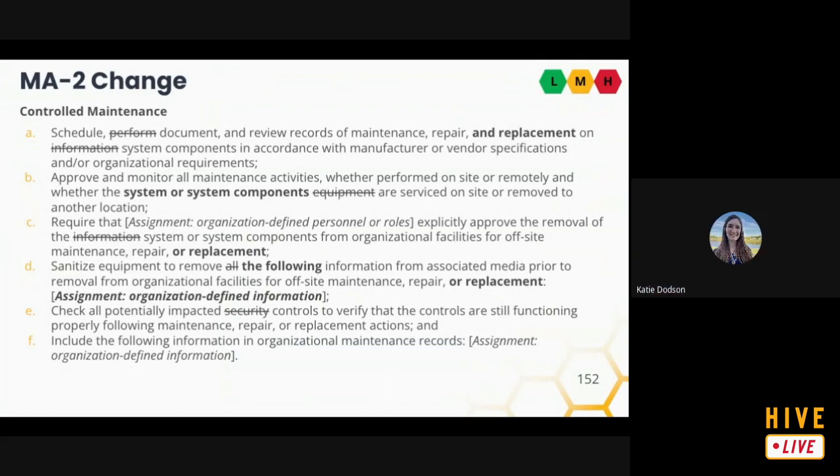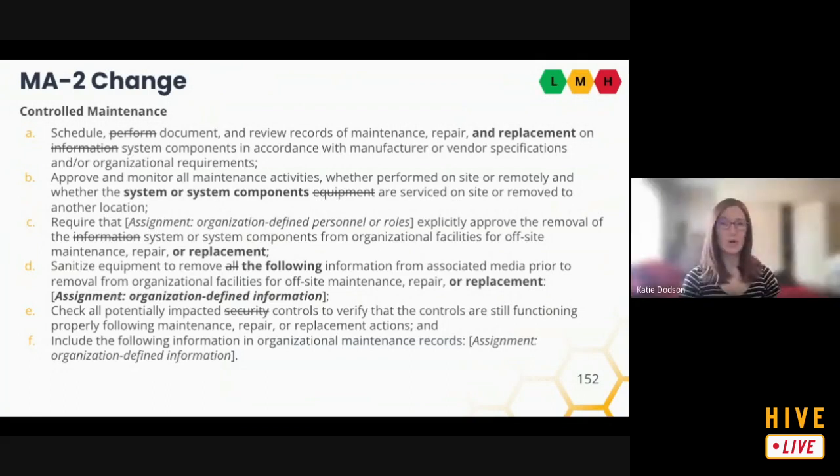D, adding replacement, but also requiring you to define what information is going to be sanitized from all of those system or system components as well. So previously, Part D was sanitize equipment to remove all information from associated media. Now you can specify which information needs to be sanitized rather than all of it.